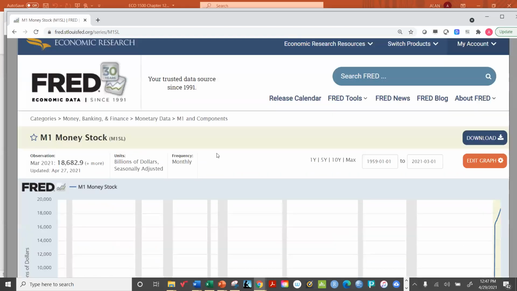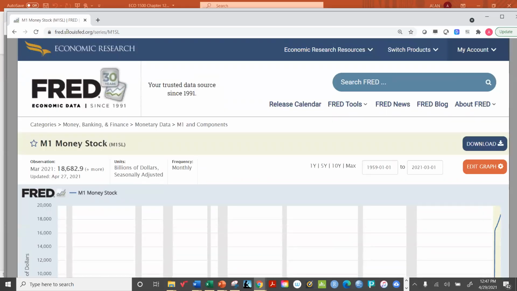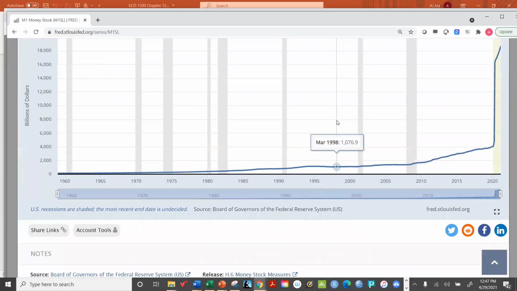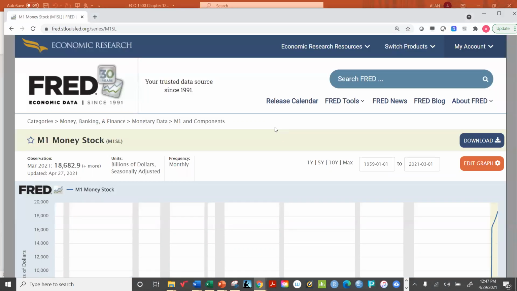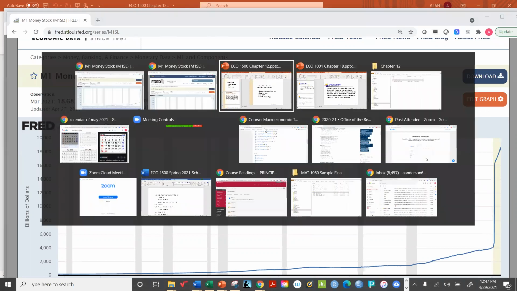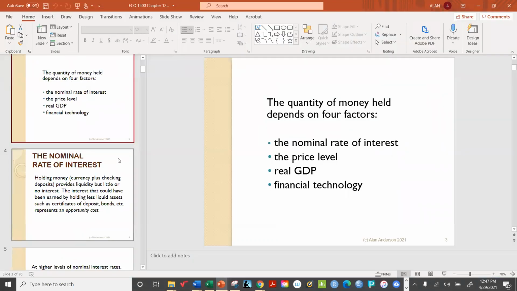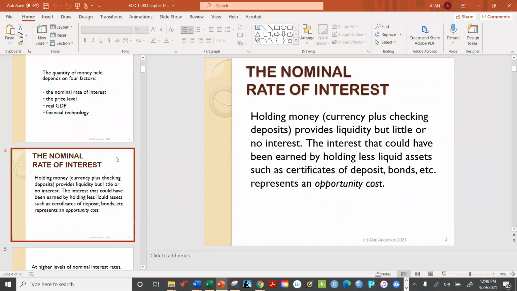And they did the same thing with them too, apparently. But anyway, you look at it, the amount of money in circulation is roughly $18.6 trillion, which is a great deal of money, but it does fluctuate depending on these variables that we're seeing here. So first, let's think about this. The nominal rate of interest, how would that affect your desire to hold money versus, let's say, bonds?